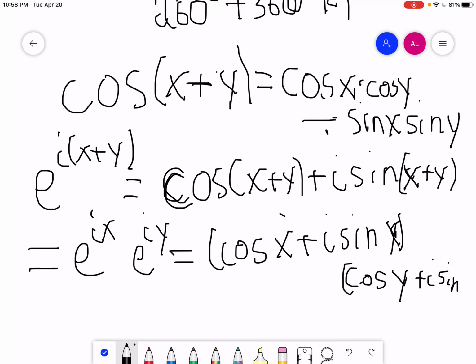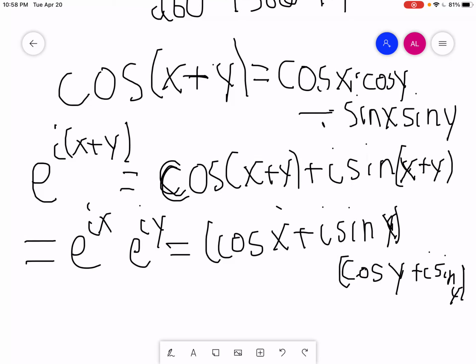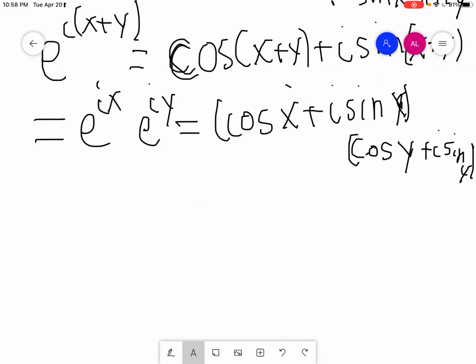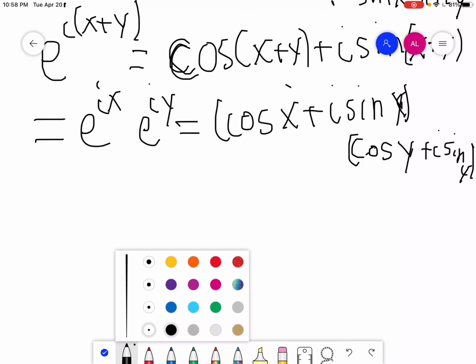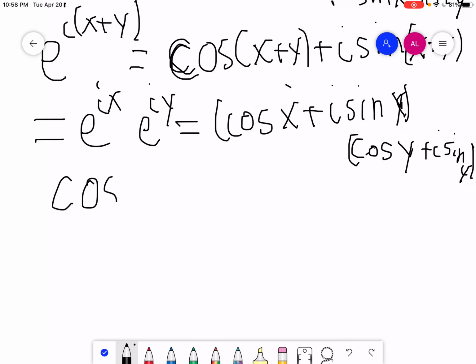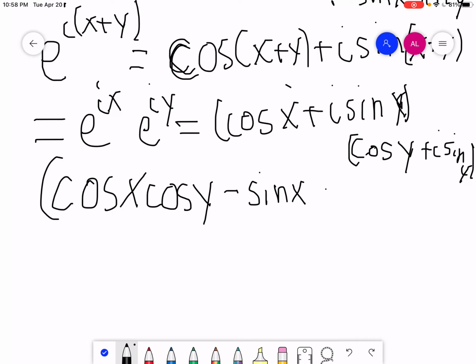And after expanding the factors, in the real part I will end up with cosine y cosine x minus sine x sine y. Remember, when we multiply i and i together, i squared is just negative 1.